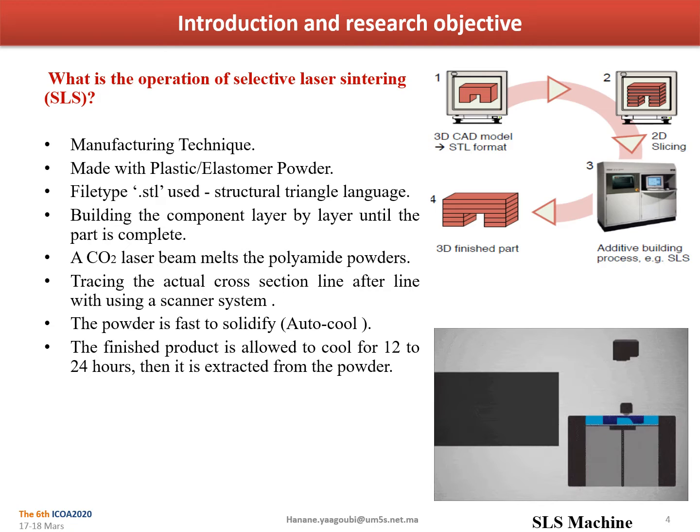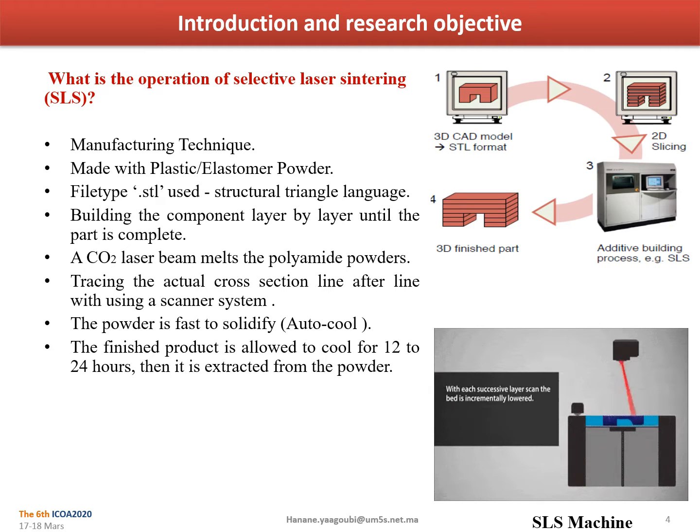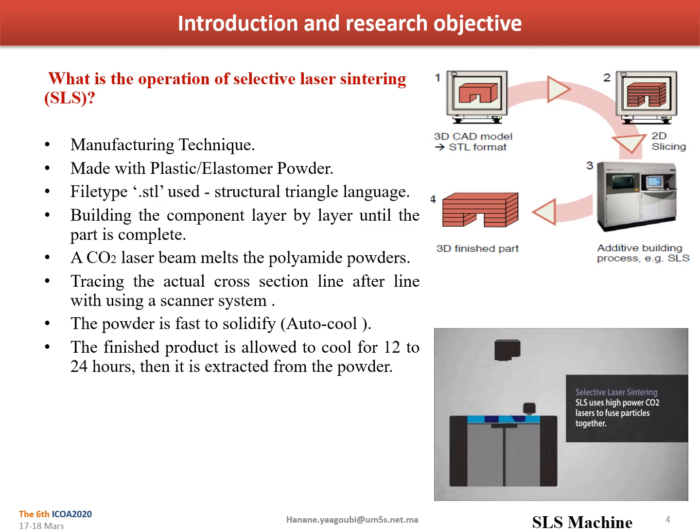So what is the operation of the selective laser sintering process? The selective sintering process is a manufacturing technique made with plastic and elastomer powder, which uses the STL file format, a triangle language produced by three-dimensional modelization software, for building the component layer by layer until the part is complete.